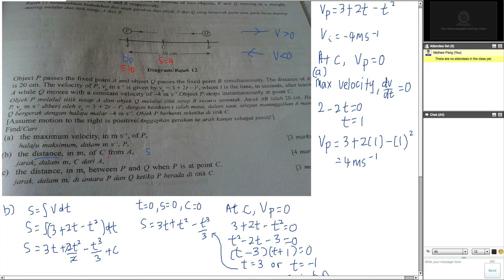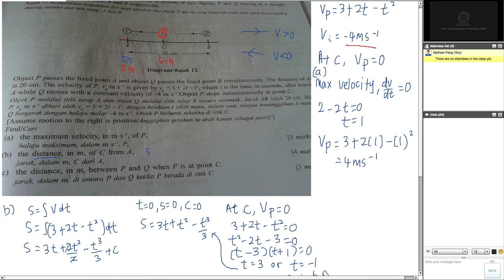What is the last part here? He asks you to find the distance between P and Q when P is at C. So when P is at C means the particle P now actually moved to C here, isn't it? So the displacement of P is just 9. The particle Q will be moving in this direction with 4 meter per second, negative 4 just because it's moving left.